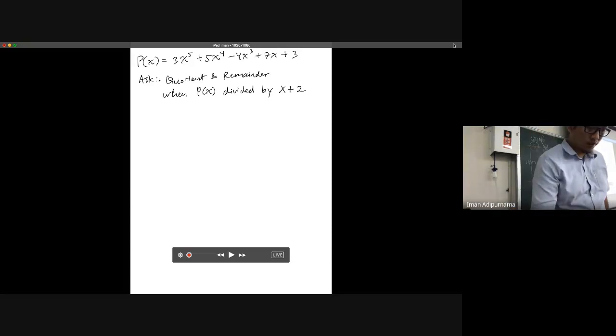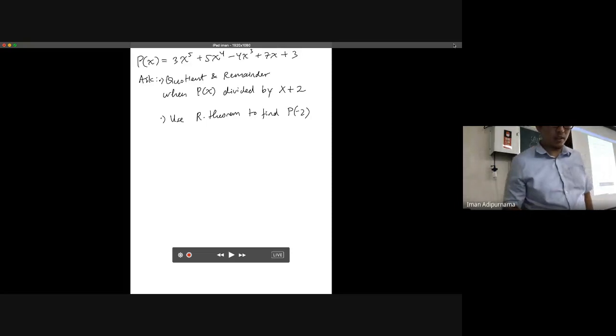And this is the first one. The second one is to use the remainder theorem to find p(-2). I think that's just plugging in negative 2.